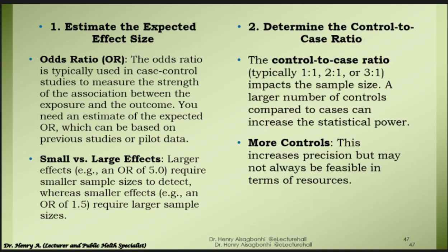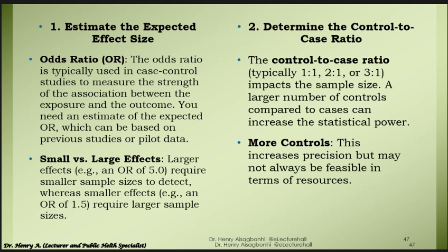So a large number of controls compared to cases can increase the statistical power. If you are going to use 20 controls, you know that your exposed population, the other people who have been exposed to that disease, must be times 3, if it is 1:3, or 1:2 and so on. Now, the next one is more controls.